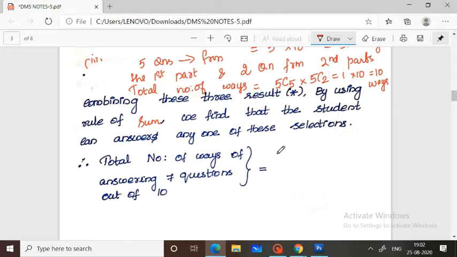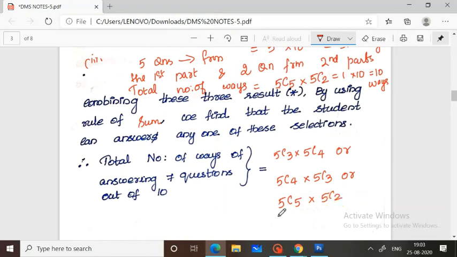That means, what is the first selection? 5C3 into 5C4, or he will be selecting 5C4 into 5C3, or he will be selecting 5C5 into 5C2.